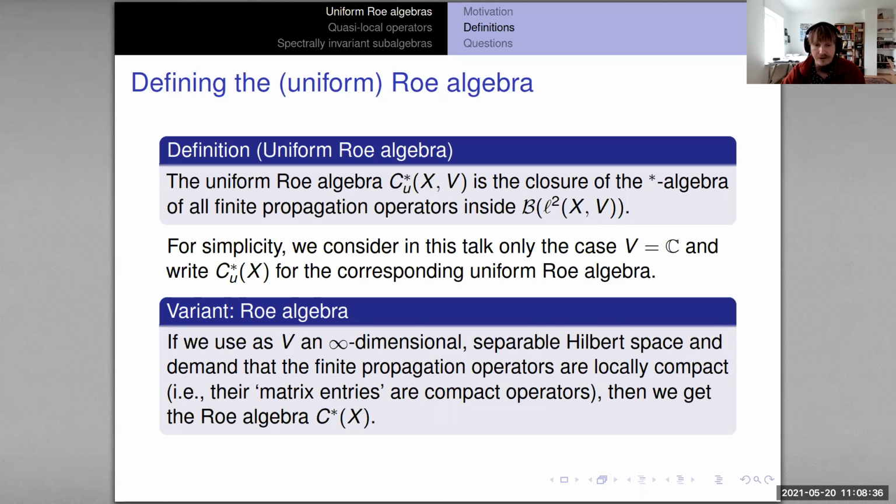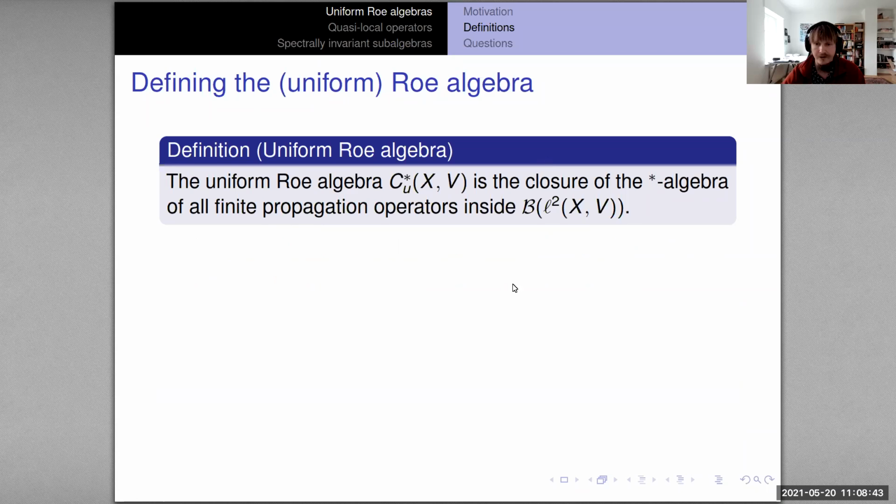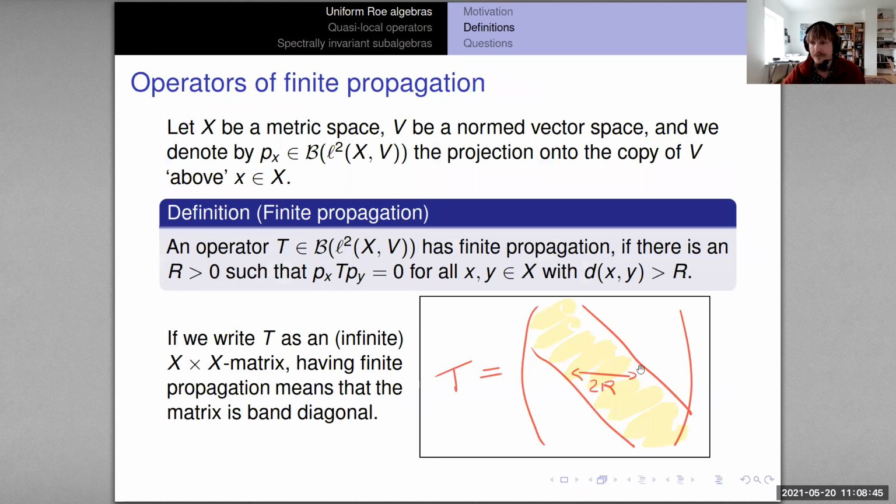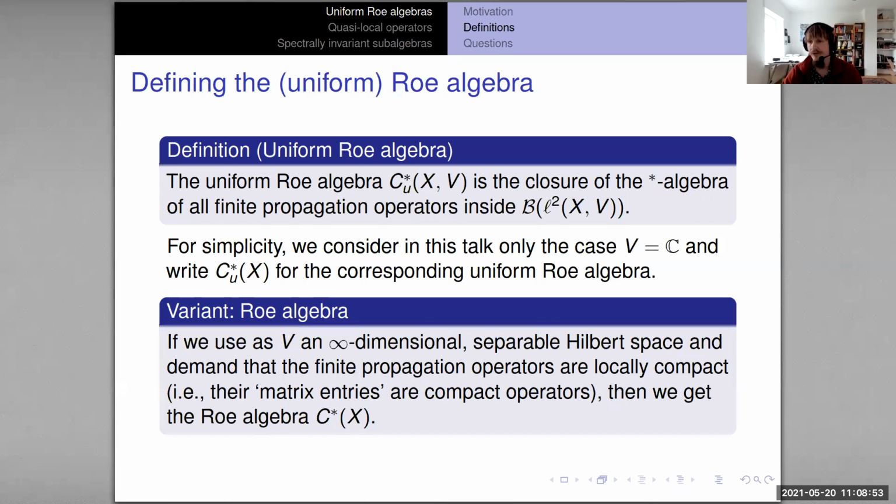And locally compact here means that the matrix entries are compact operators. So the matrix entries in this picture here. And if you close this up in operator norm, then you get what is usually called a Roe algebra. But for simplicity here in this talk, I will just consider the uniform Roe algebra because then I don't have to take care of the compact entries and so on, just to make things easier.